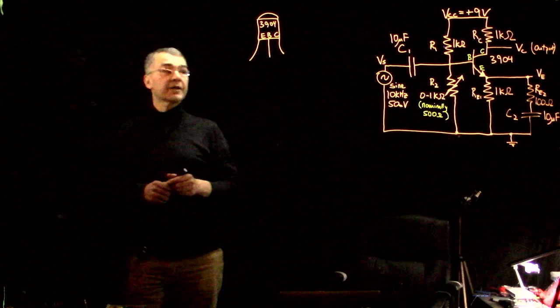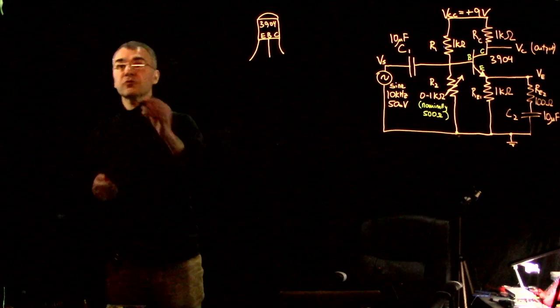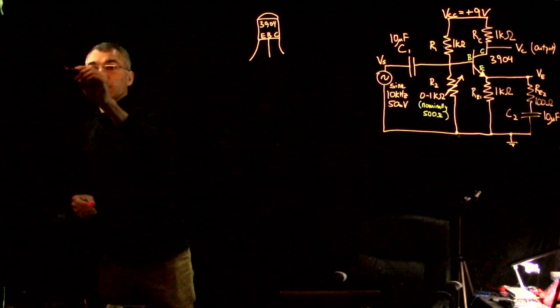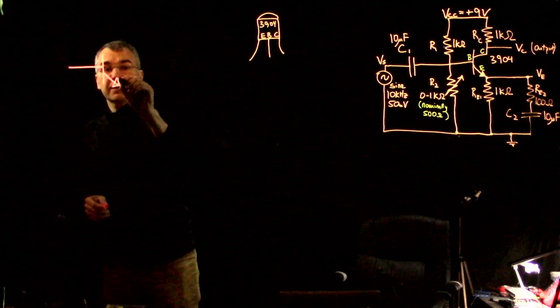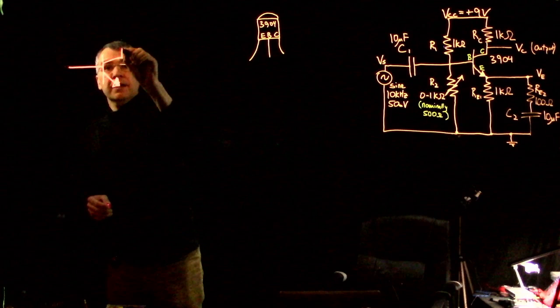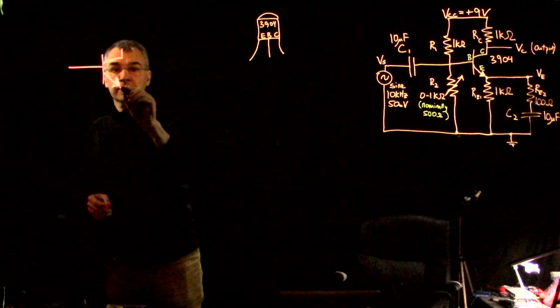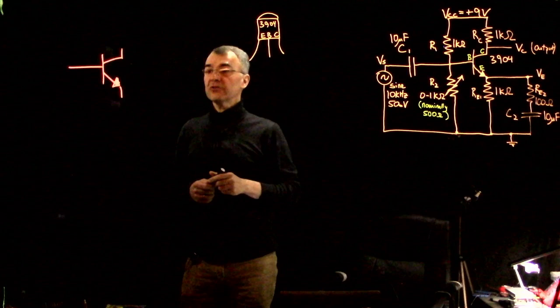So let's start out thinking about the common emitter amplifier in its simplest form. We will take an NPN transistor, and we're kind of accustomed to the input coming at the base.